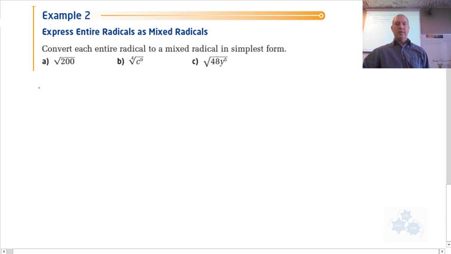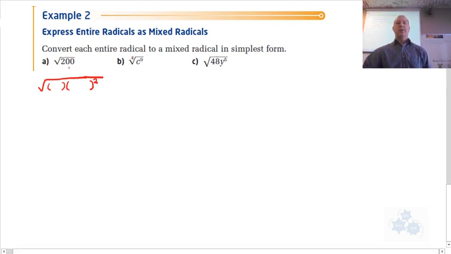So think about this. 200, okay? This is a square root. So can 200 be split up into factors where one factor can be written as a square? All right, this is what you're trying to do. You're trying to find a factor of that number or that term in there that is a perfect square itself.